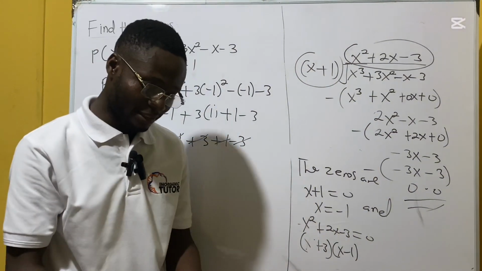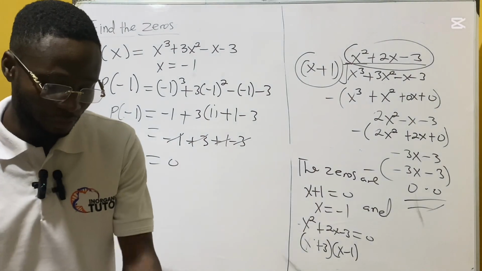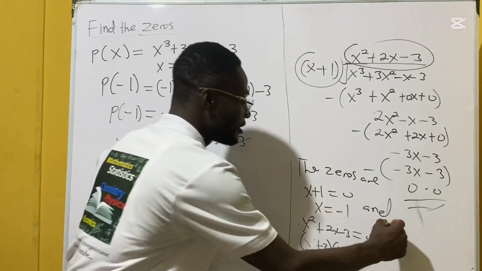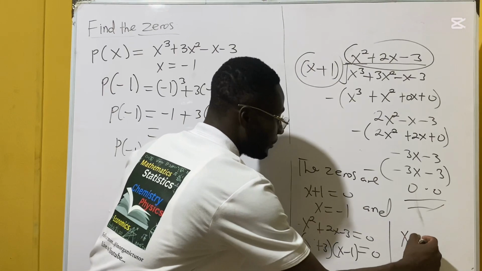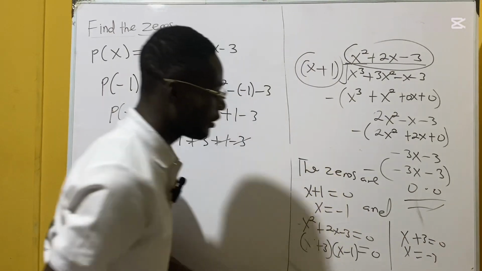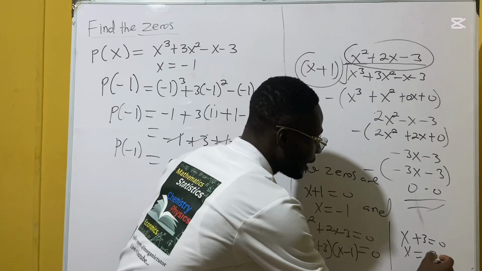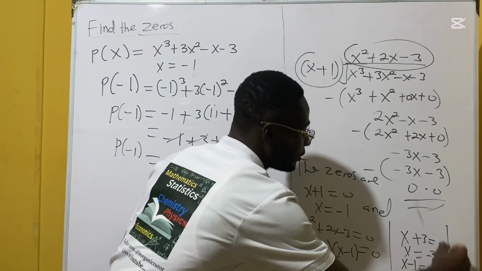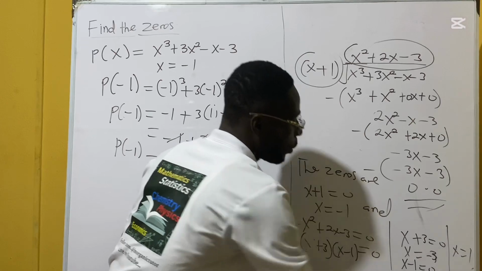So basically we know that each factor will go to 0. Then we have x plus 3 equals 0, then x equals negative 3. When we do the other one, we have x minus 1 equals 0, then x equals 1.